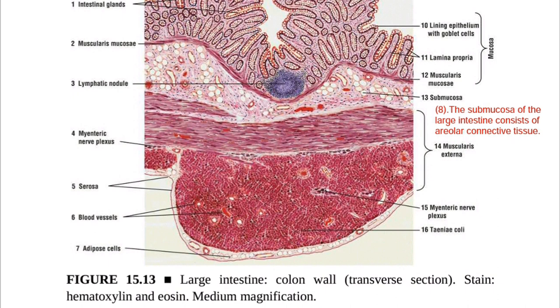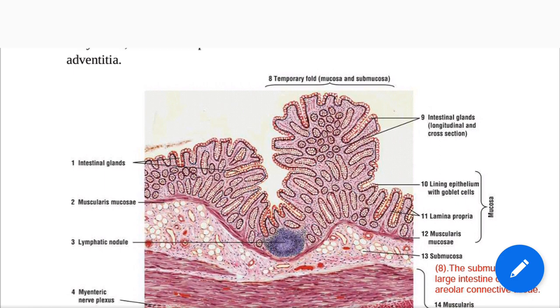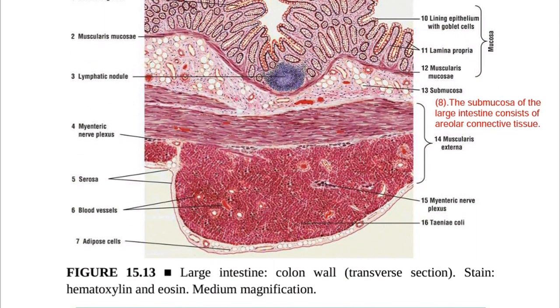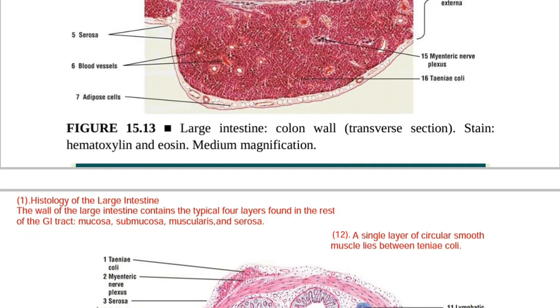Large intestine colon wall transverse section, stained with hematoxylin and eosin, medium magnification. So this was the eighth point regarding the submucosa.